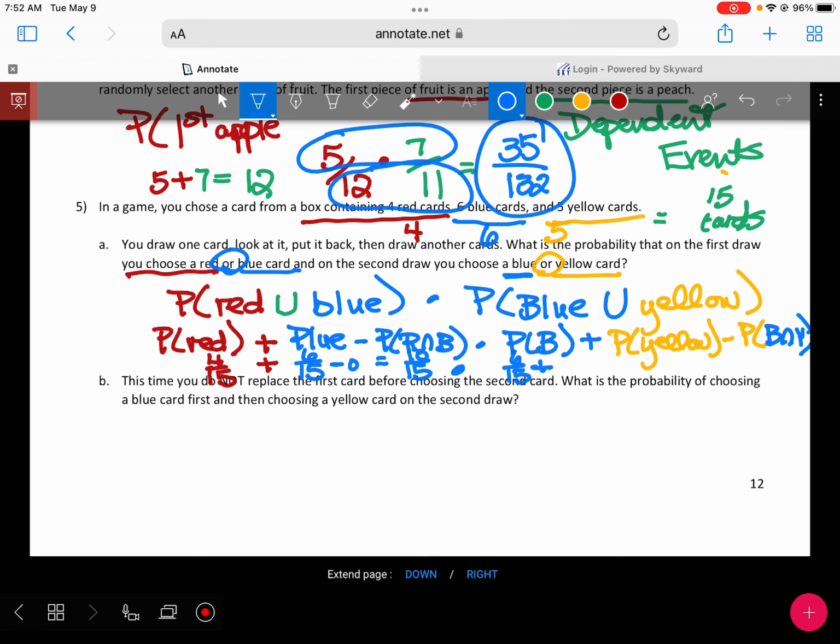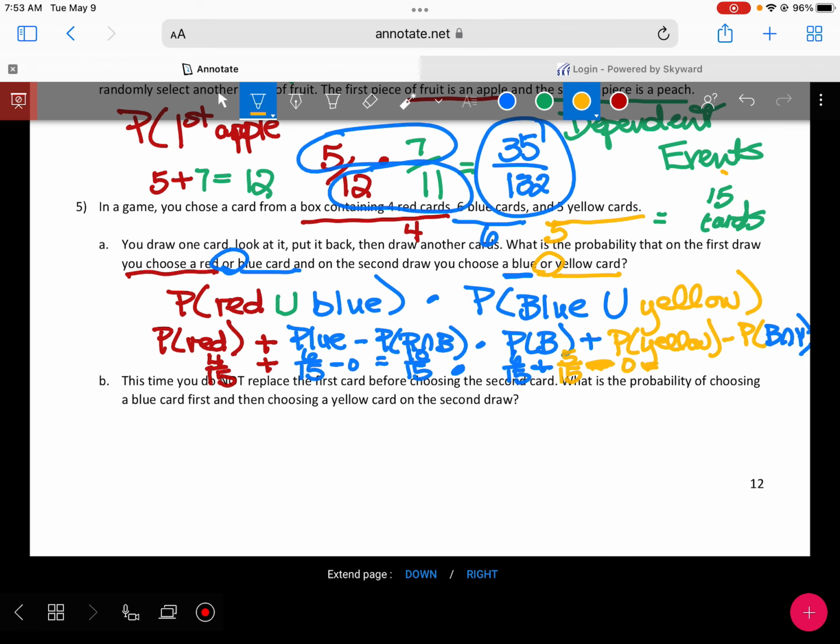Plus, what's the probability of pulling a yellow card? How many yellow cards do we have? 5. 5 out of 15, minus. Do we have any blue and yellow cards at the same time? We do not.